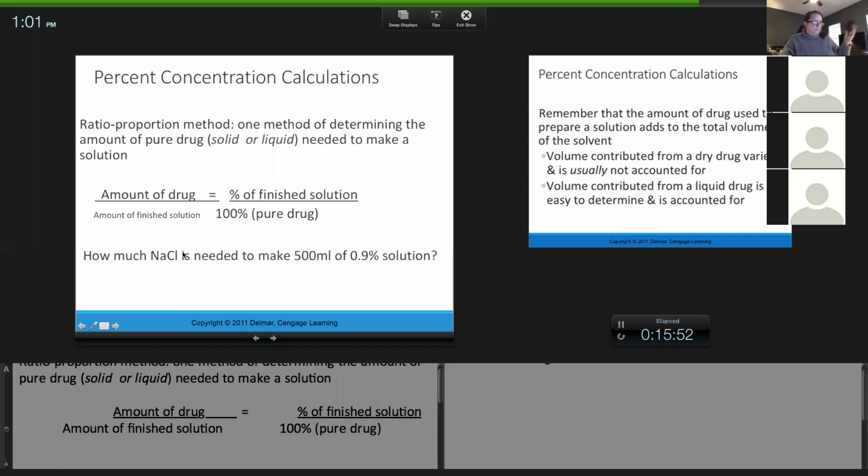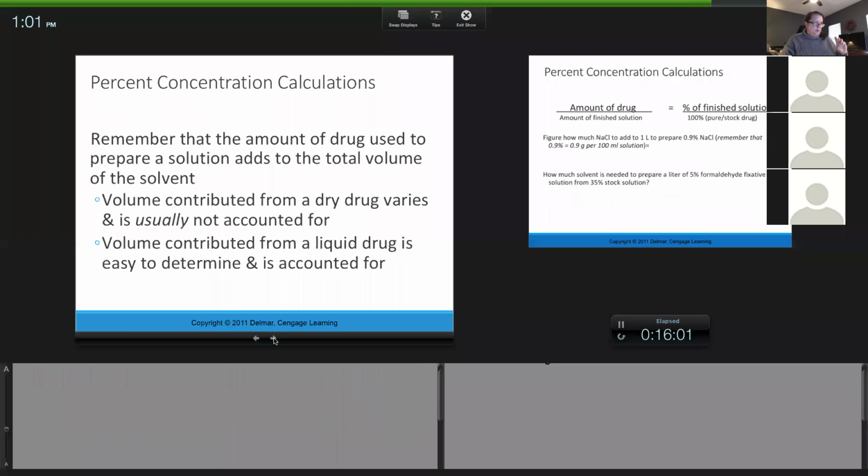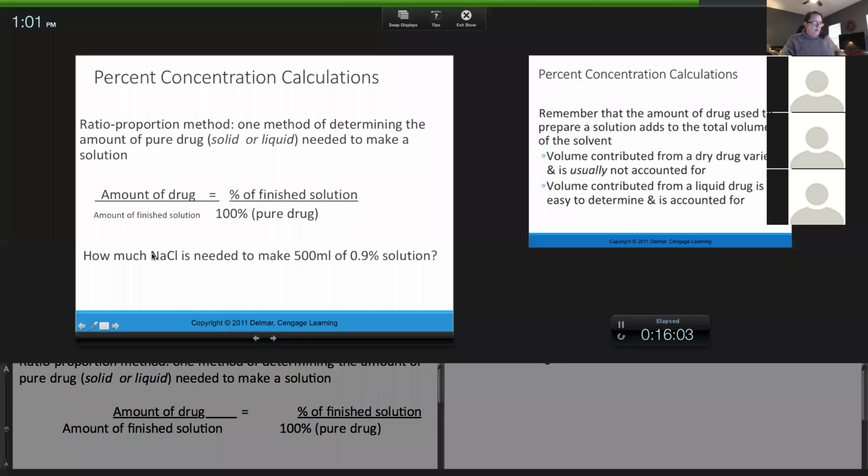You can put this in a ratio proportion, but let me show you something here. If someone asks how much sodium chloride, NaCl, we need to make a 500 mL solution of 0.9%.